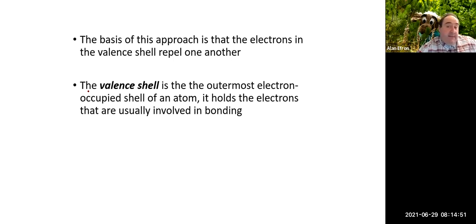That basically means we have negative guys near negative guys. And as we know, things that have the same charge don't really want to be near each other, so they repel one another. It creates an interesting situation when you think about bonding.